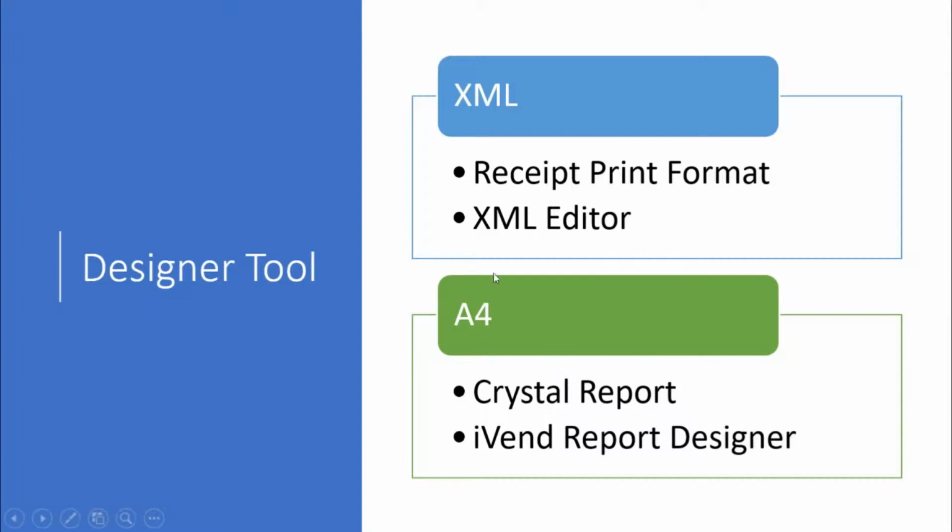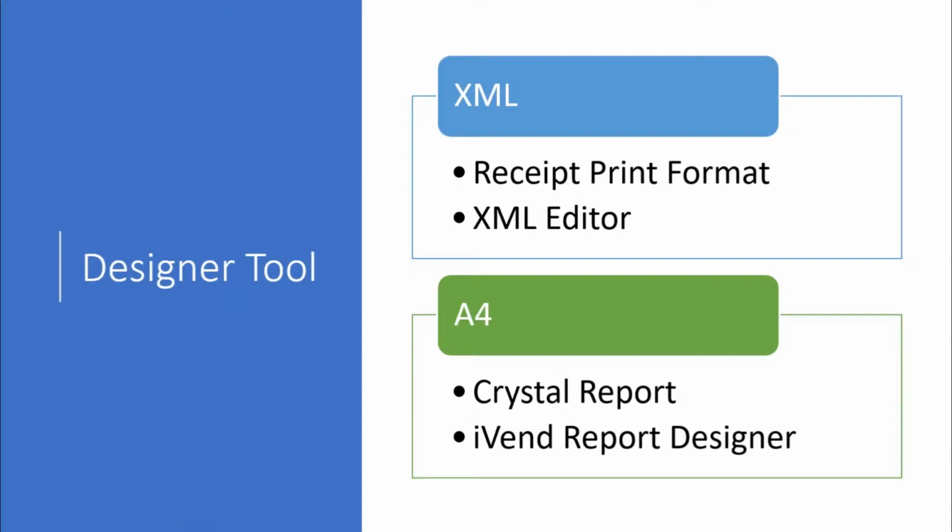So mostly we use an XML editor like Notepad, any editor you can open the XML in, and you can modify it from there. Of course, you need to know the objects that can be called from the XML receipt. For the A4, you already have Crystal Report and the iVend Report Designer.